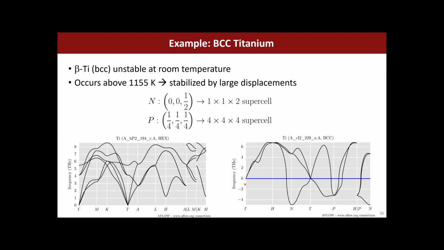Or sometimes you have some weird cells that produce imaginary frequencies at certain Q points for certain supercell sizes. So you always need to make sure that your cell sizes converge to be sure that your imaginary frequencies are actually physical, as opposed to an artifact of your DFT calculation.